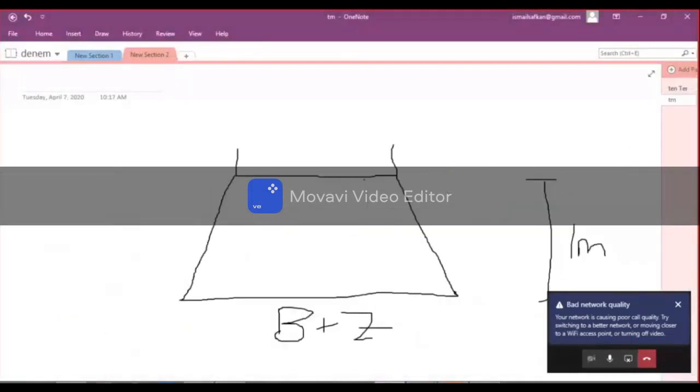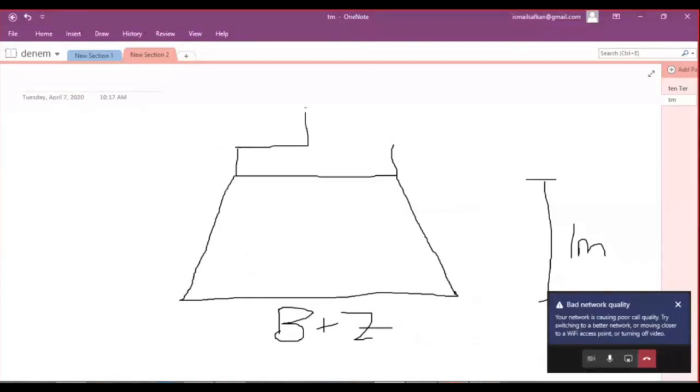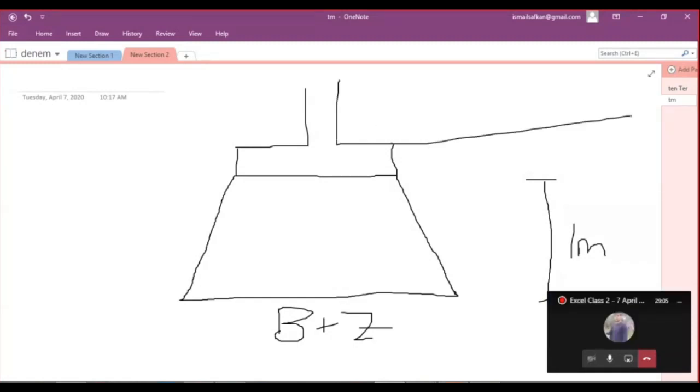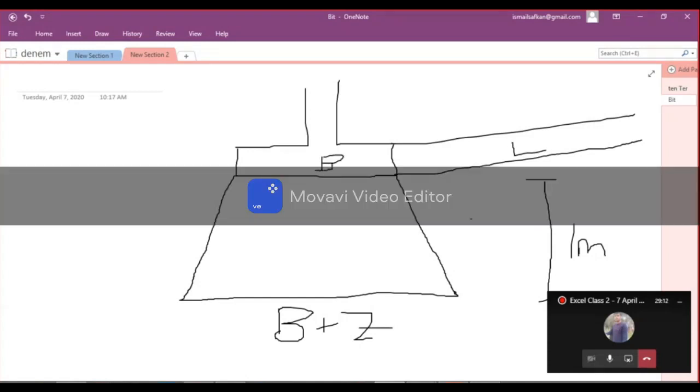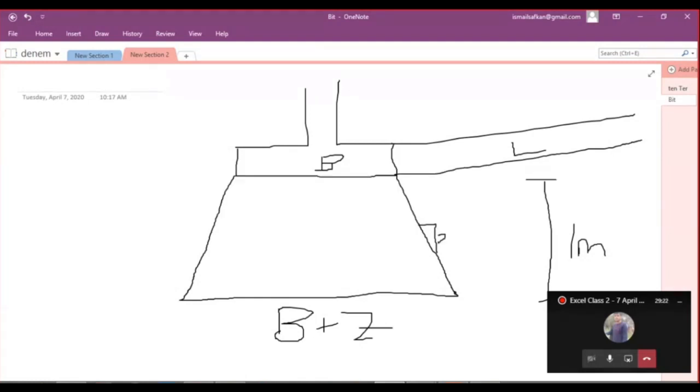So if I open this again, this is your foundation, and this is L. This is B. I said the stress reduces by the 2 by 1 rule.